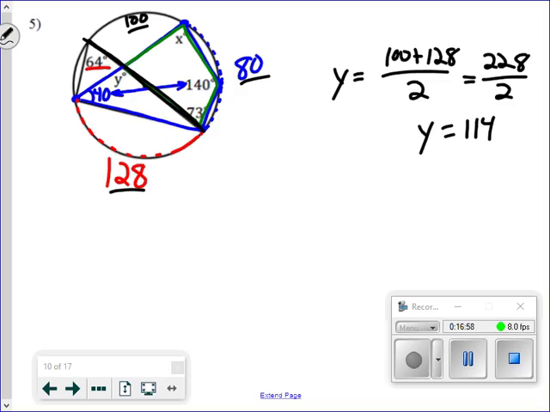What I would have done is, if this is 114, then this has to be 66, and then 66, x, 140 and 73 add to 360.